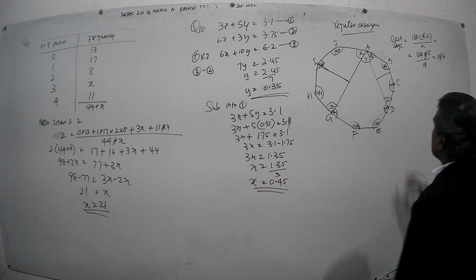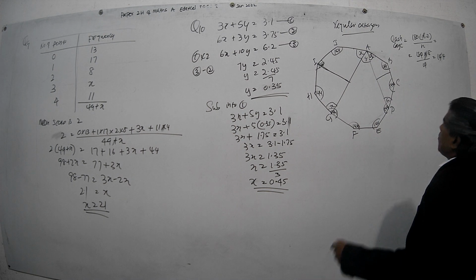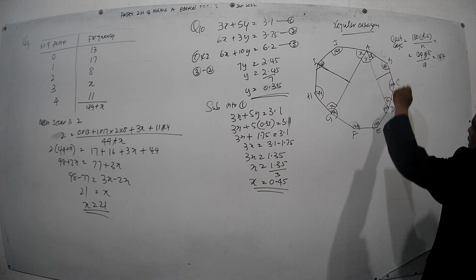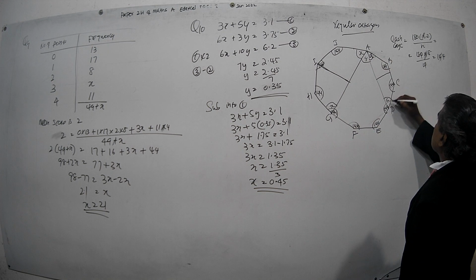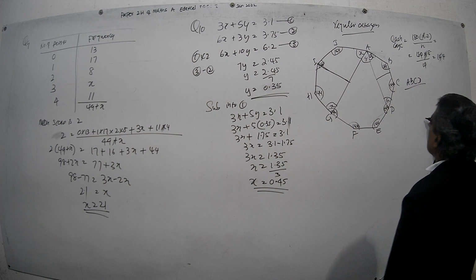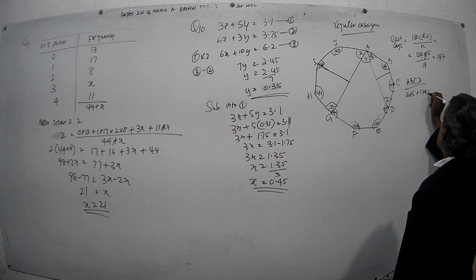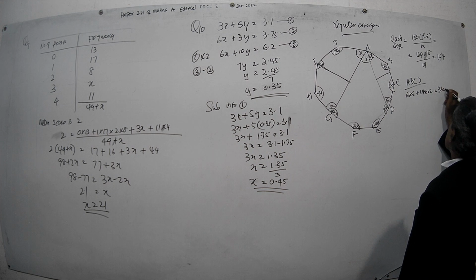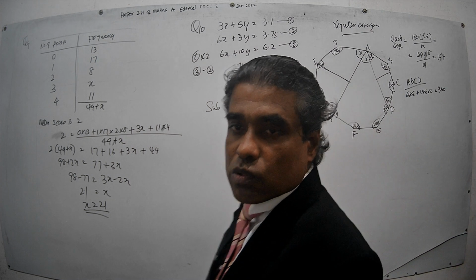This is a quadrilateral, and the sum of interior angles of a quadrilateral is 360. Therefore, ABC quadrilateral: a plus a plus 144 times 2 equals 360.